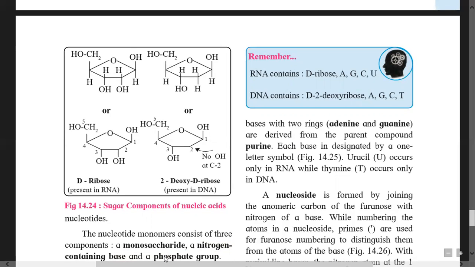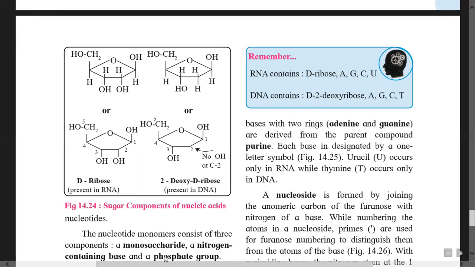above the ring. And the sugar, that is a monosaccharide present in DNA, is 2-deoxy D-ribose, that is at second position. Instead of H and OH groups, both are hydrogen, that is the OH group is replaced by hydrogen, and therefore there is no oxygen at the second position.